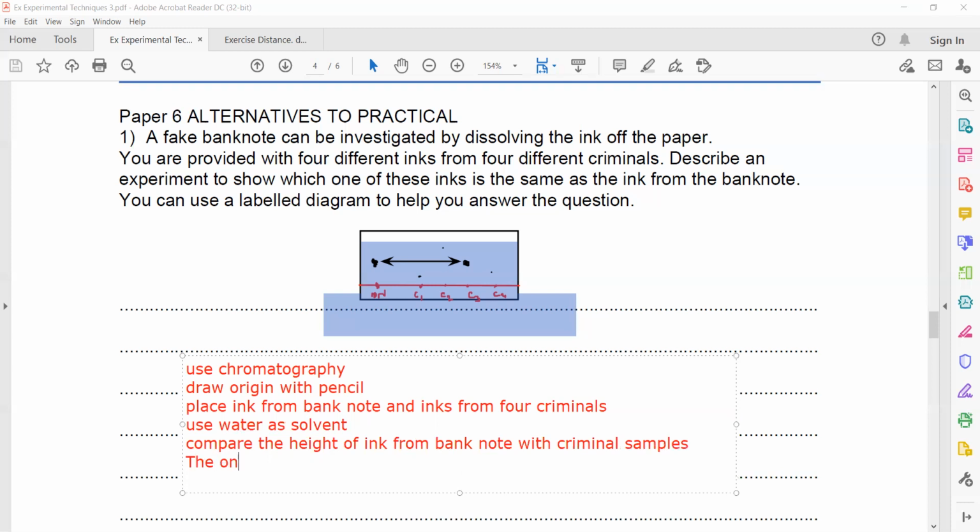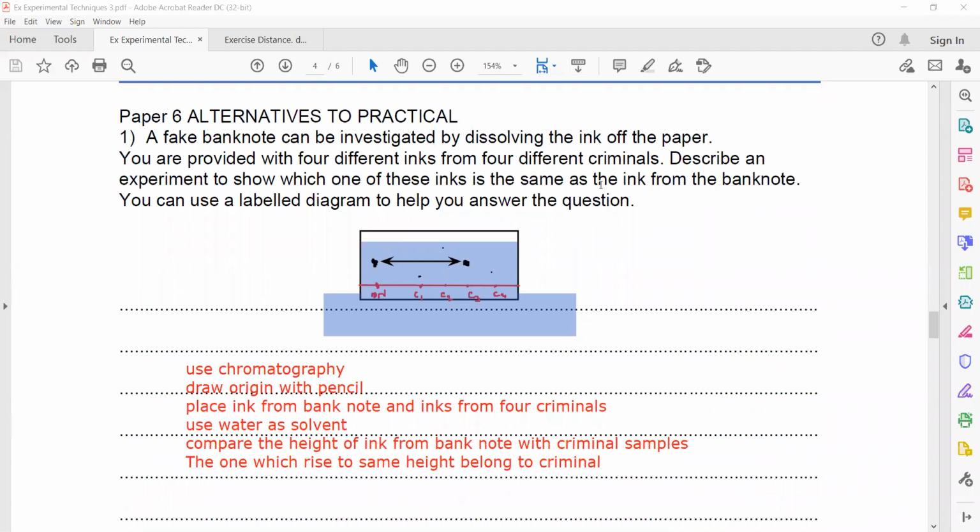The one which rises to the same height belongs to the criminal. So we can check the height, the position, compare, and identify which one belongs to that criminal. Is it clear?